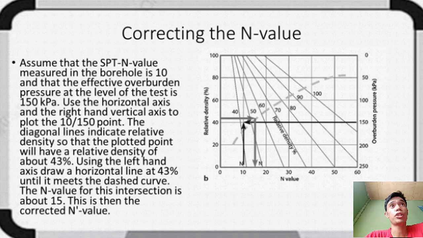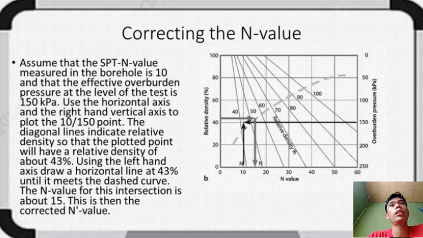So mag-assume daw ito nga ang N value kay 10, and that the effective overburden pressure at the level of the test is 150 kPa. So ang given diri kay naa tay 10 nga N value ug 150 nga kPa or ang pressure niya.